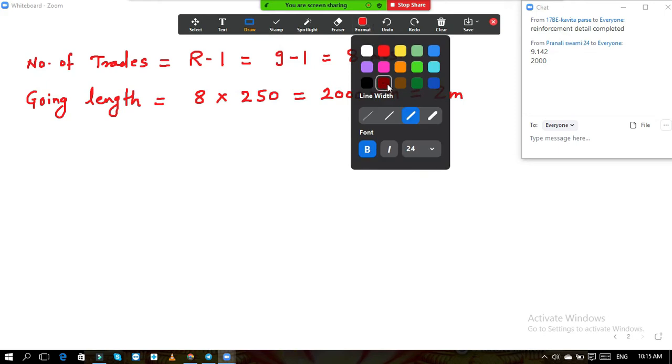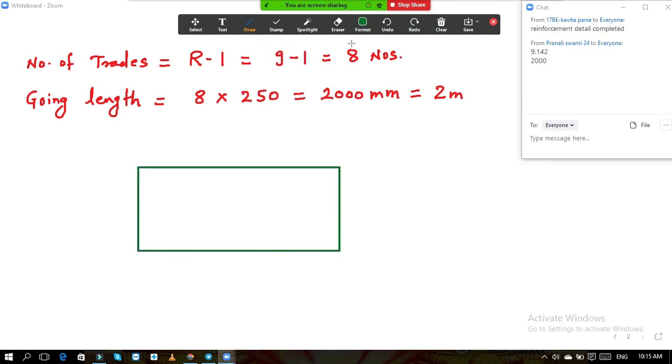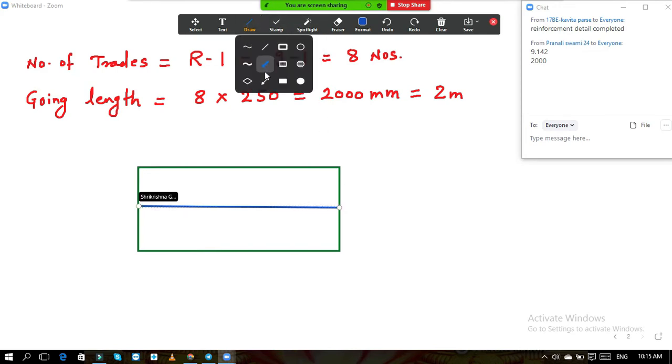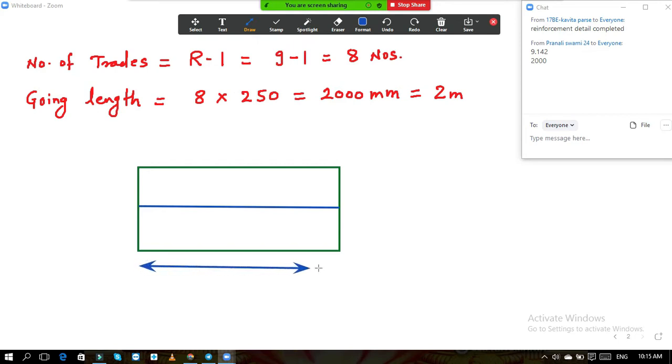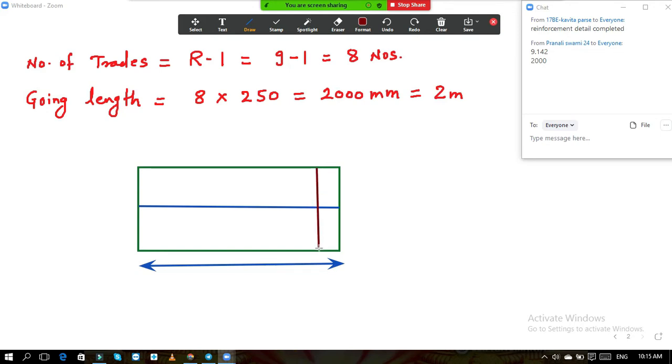Now if I draw the diagram of what we are having right now, this length is nothing but your going length. I will draw the steps over here. Okay.